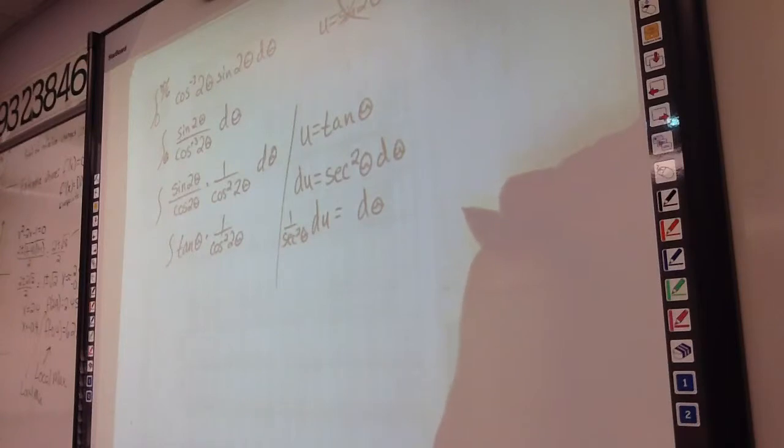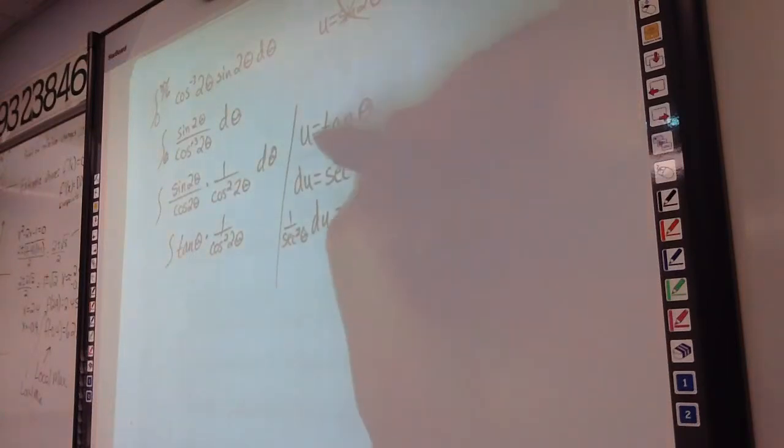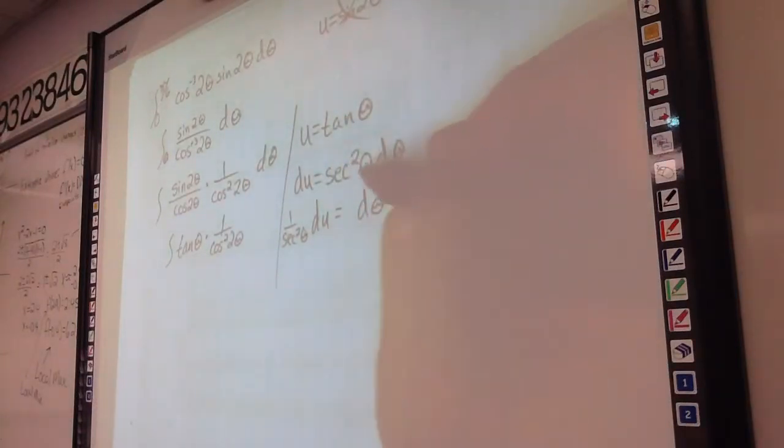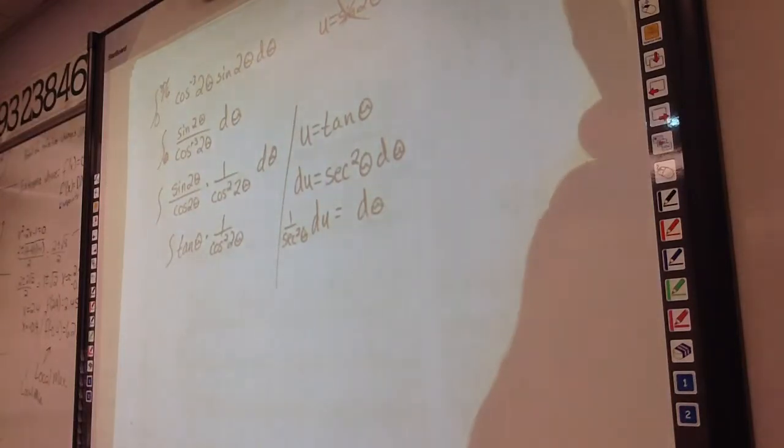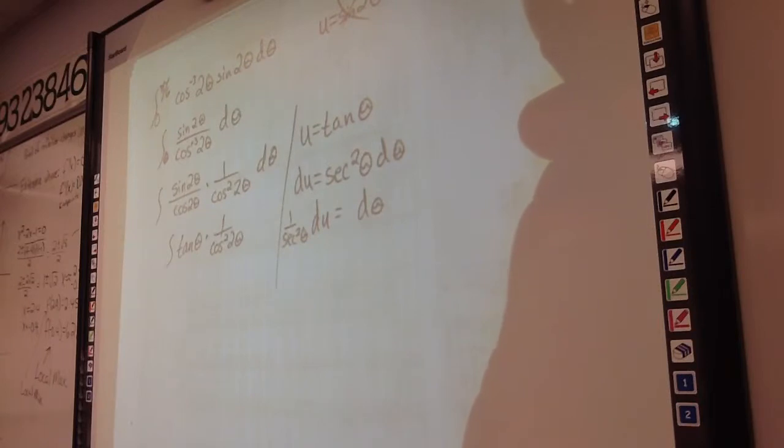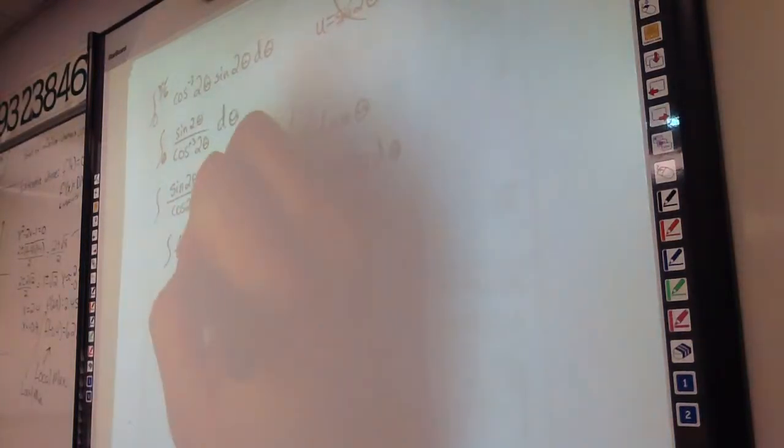Is everyone up to speed here? u is tangent, du is secant squared, which means 1 over secant squared is times du. Would it be tan of theta or tan of 2 theta? Why do the 2's cancel with the theta still? Oh, yeah, that should be a 2.